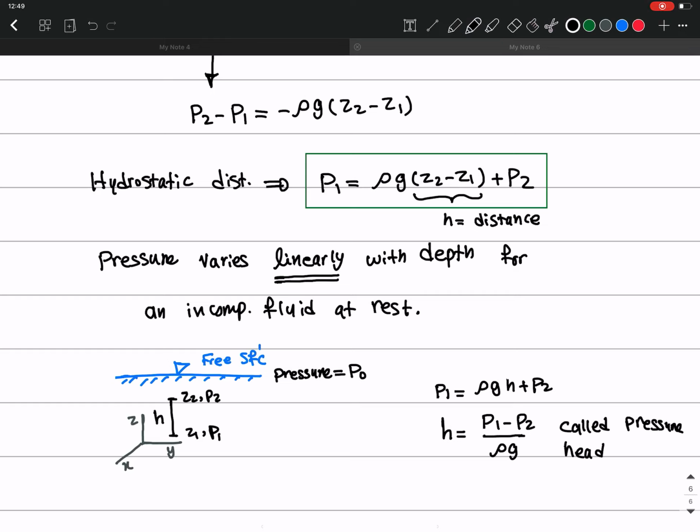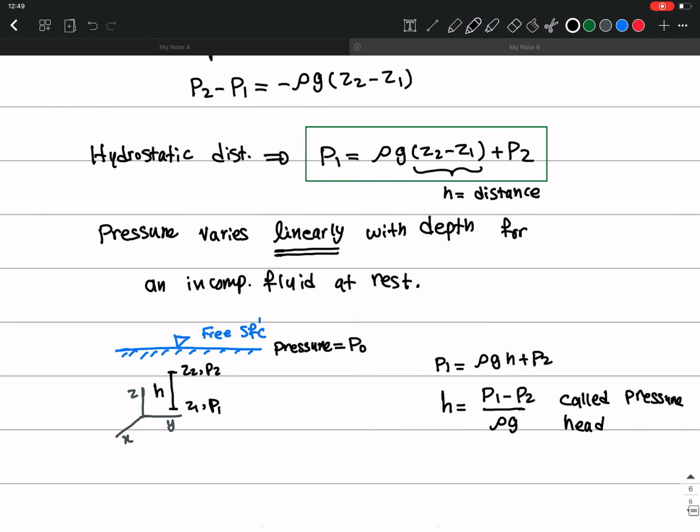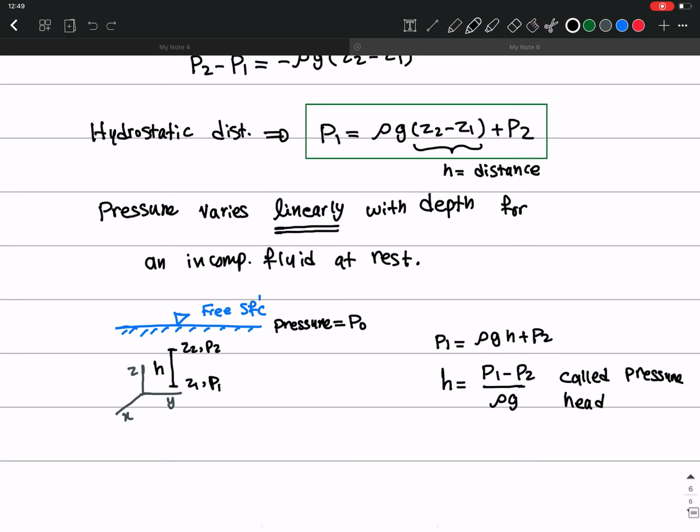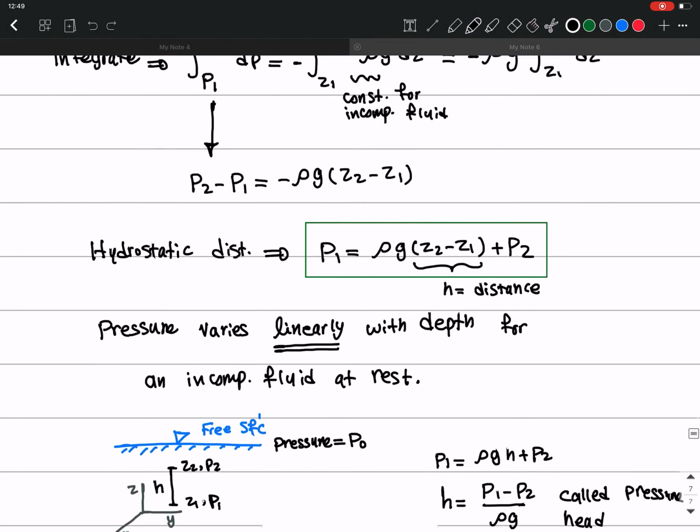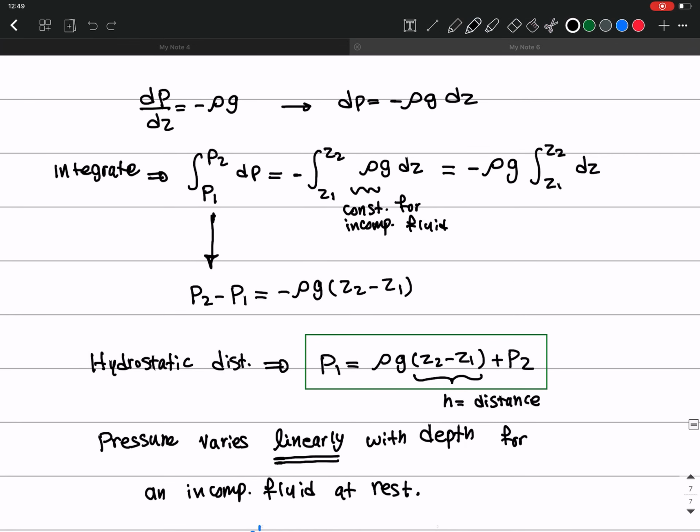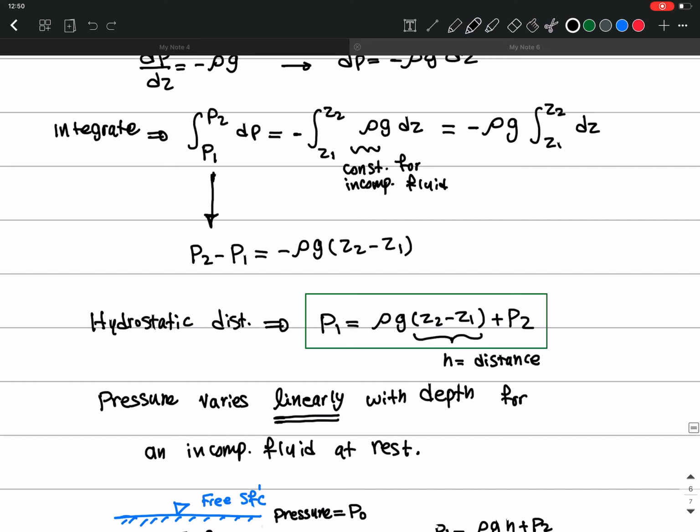So I want to make a very, very important point here. Based on this formula, what we see is that pressure, for an incompressible fluid at rest, only depends on the depth, not the size or shape of the container.